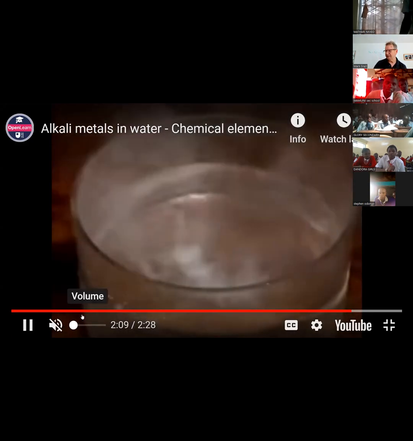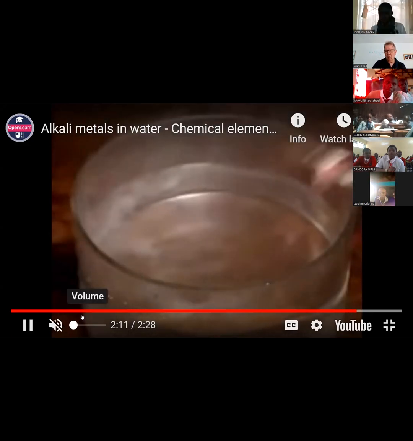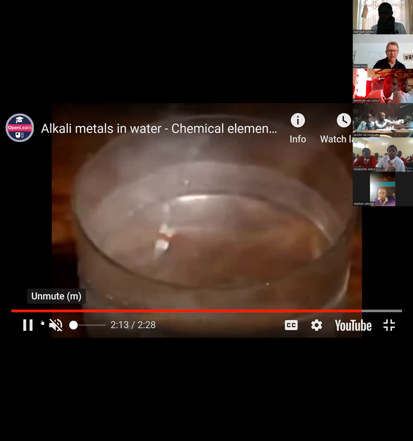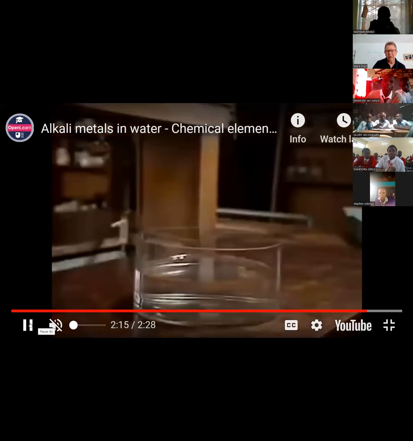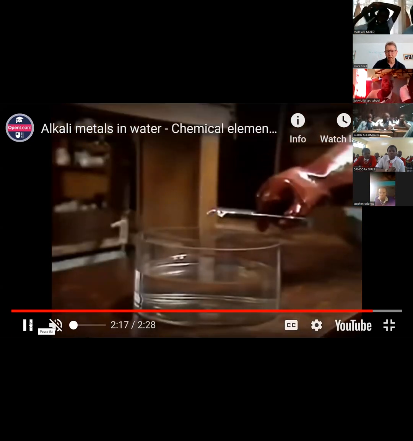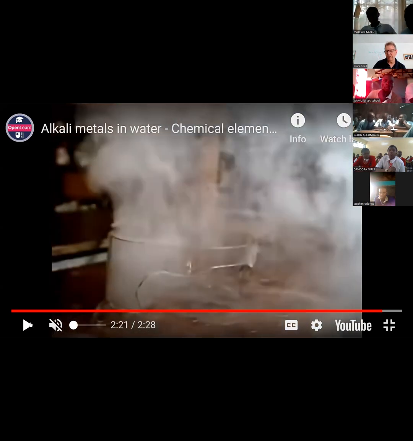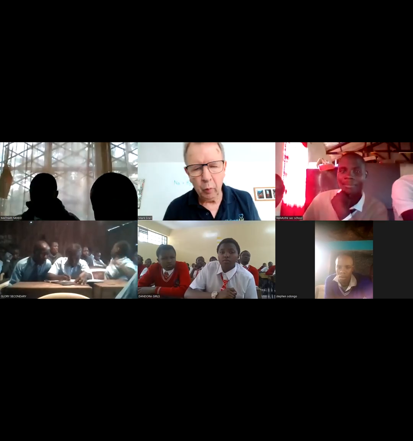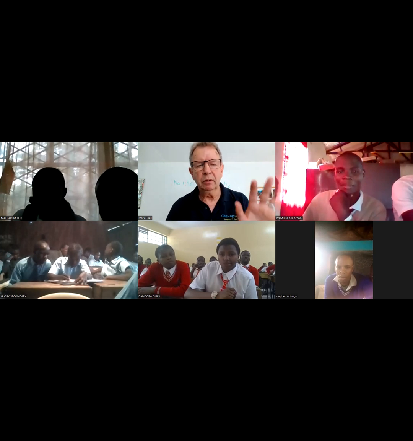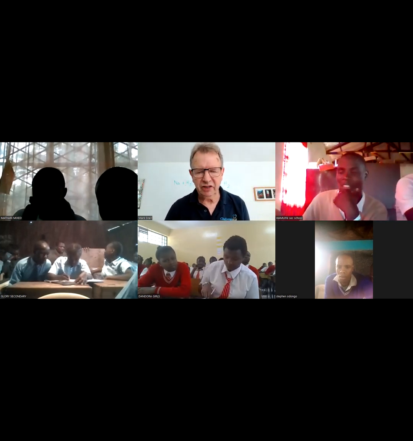This is cesium going in. But rubidium, being further down, that is a very violent reaction. It has destroyed the experiment. Okay, so that's group 1. Fairly simple, nice, simple stuff to see.